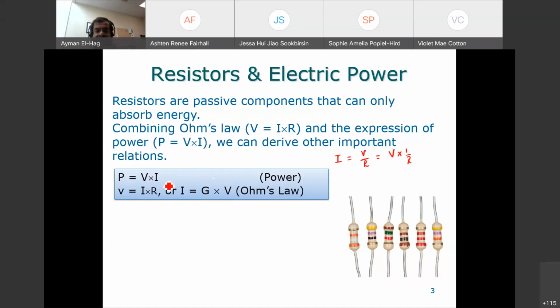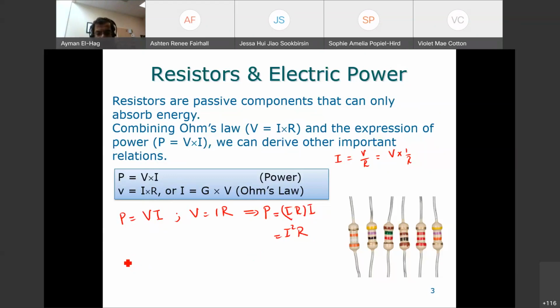Now, I can represent this relation in different ways, okay? P is equal to V times I, and V is equal to I times R. So if I substitute the value of V here, then you can say that P is equal to, instead of V, I R times I, which is equal to I square R. So this is another relation of the power.